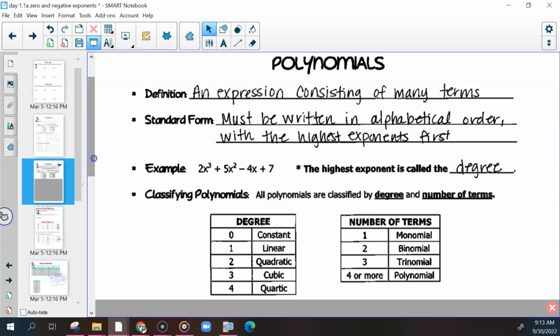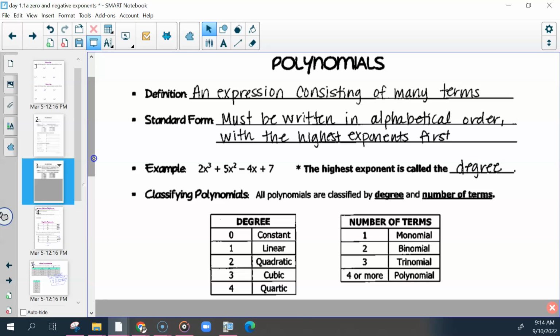But there are 4 terms, so since there are 4 terms, this is a polynomial. These can get mixed up a lot. If I just had 7, 7 doesn't have an exponent, so the degree would be a constant, which we've heard that term before. But because it's only one term, that would be a monomial. And you can keep going on and on with those.